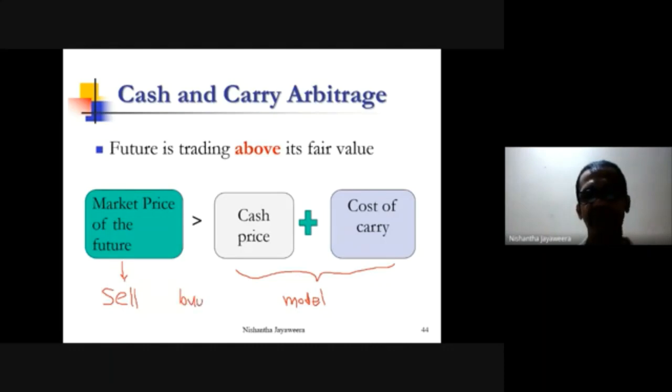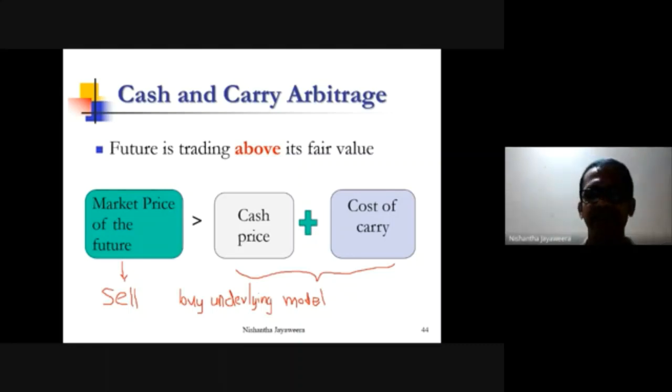To buy the underlying, what do you need? Are you going to have another contract there? Sort of another contract, but what you're going to do now is buy the underlying asset in the cash market.